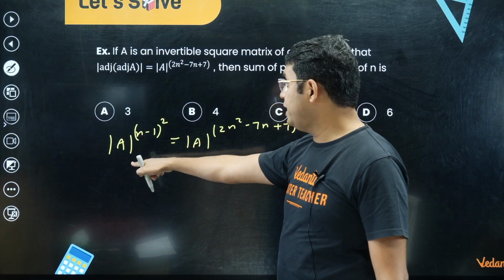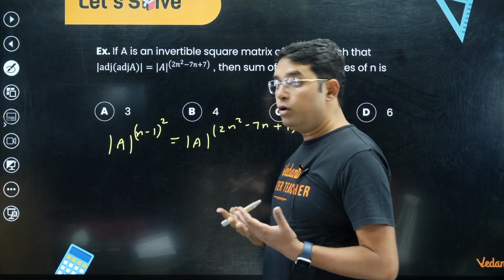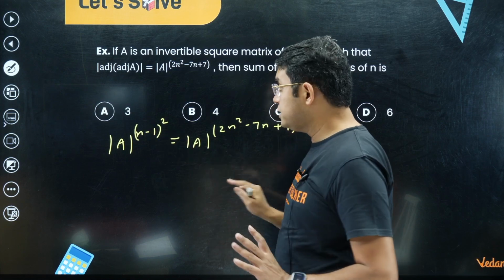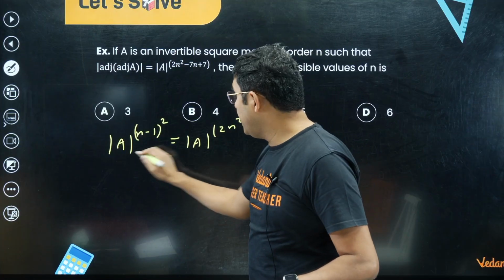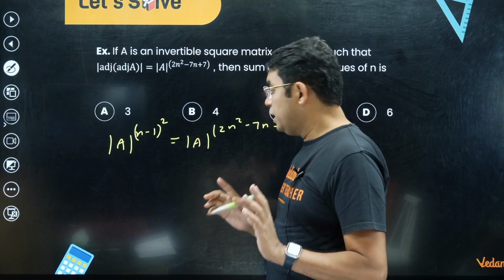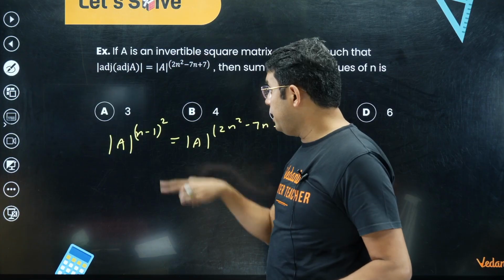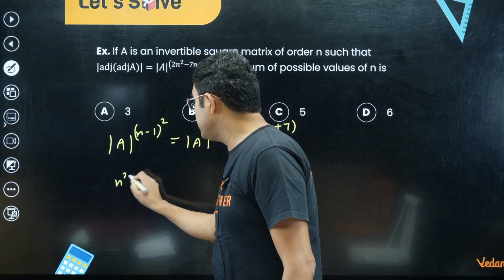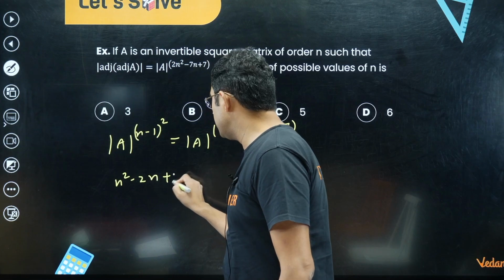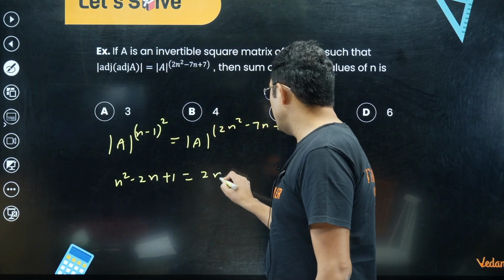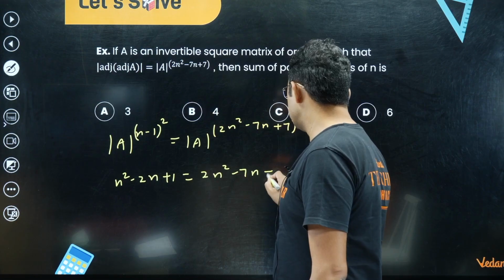So because determinant A is not equal to 0, we can compare the powers provided they are not equal to 1 or minus 1. For 1 and minus 1 I will come separately, but let's first only compare the power. So n square minus 2n plus 1 is equal to 2n square minus 7n plus 7.